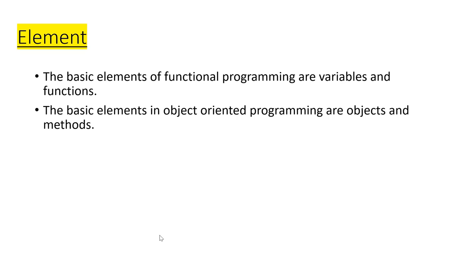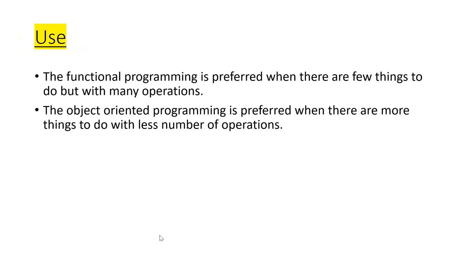The type of elements in functional programming are variables and functions, while the type of elements in object-oriented programming are objects and methods. Use: functional programming is preferred when there are few things to do, but there are many operations in our program. While object-oriented programming is preferred when there are more things to do, but with a smaller number of operations.